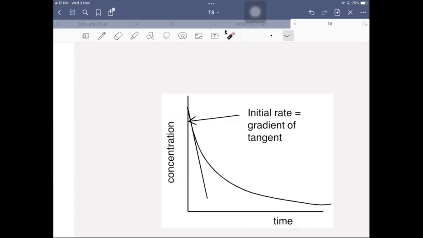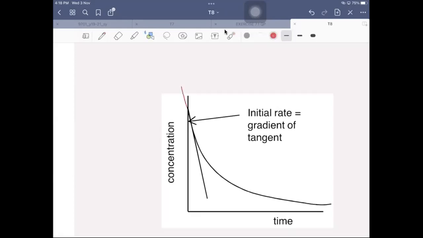Now since it's not a straight line, it's a curve, how do we find the gradient of a curve? You have to draw a tangent, a line that is tangential to the point of interest. Say if you want to know the gradient at t equals 0, you have to draw a line that is tangential. It's a tangent. Please don't ask me to explain what a tangent is.